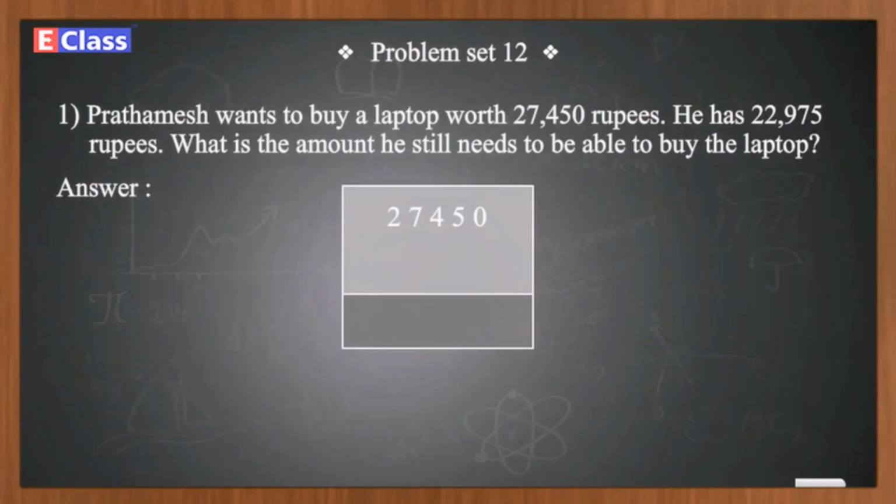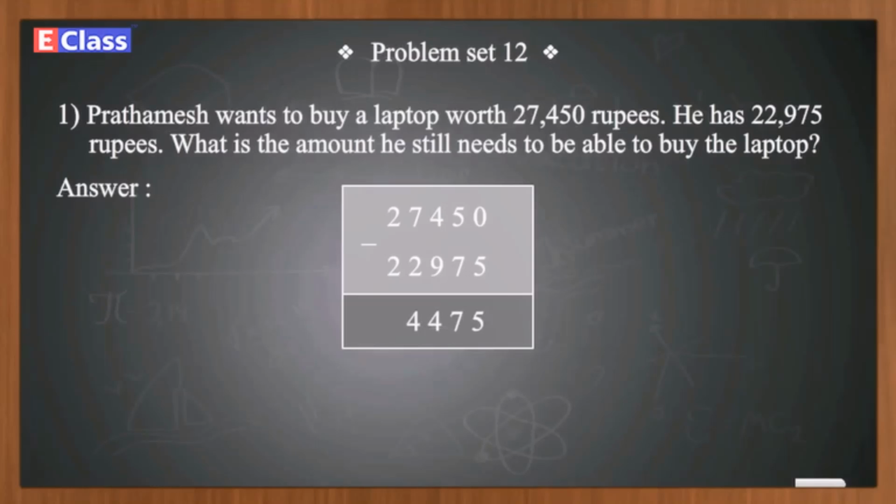Therefore, 27,450 minus 22,975 is equal to 4,475. Therefore, Prathamesh still needs the amount of 4,475 rupees to be able to buy the laptop.